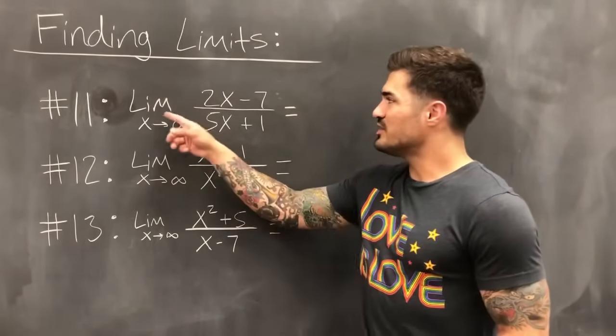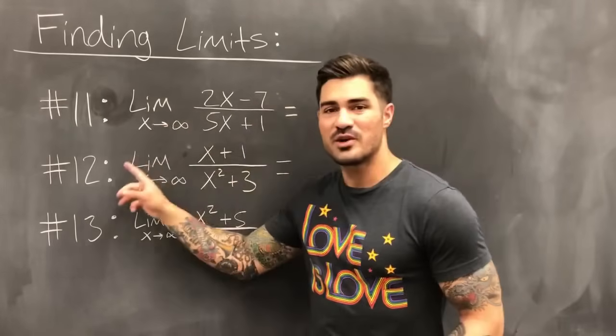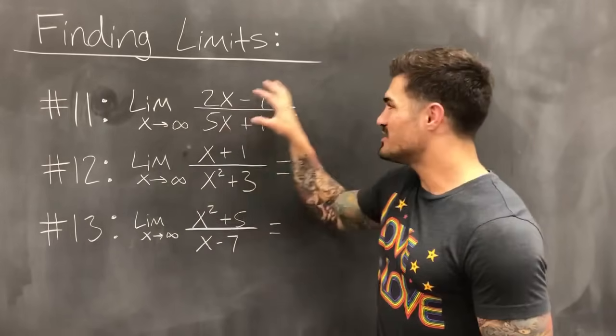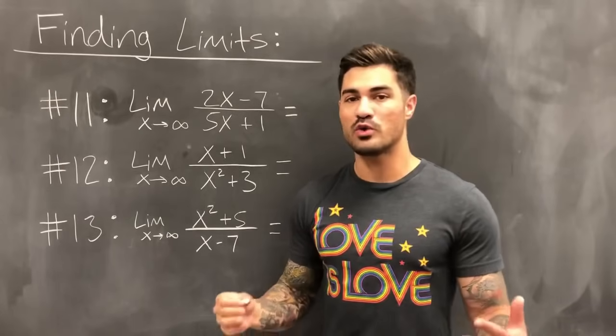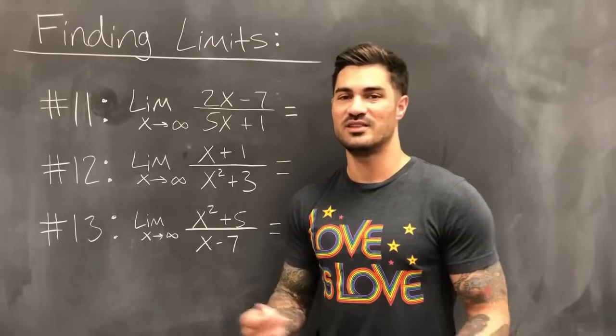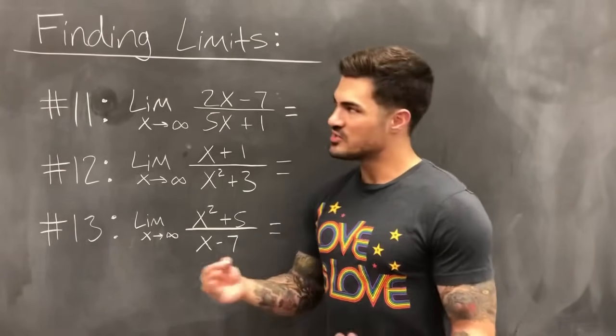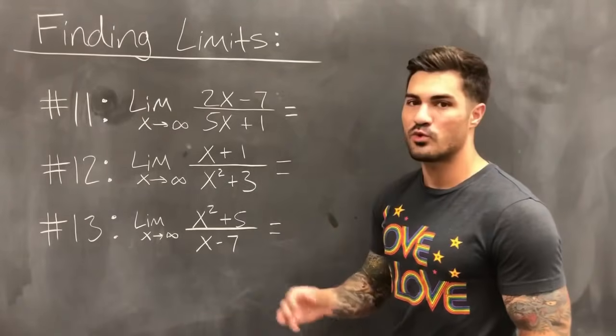So for the limit of this rational function as x approaches infinity to exist, this rational function has to have a horizontal asymptote. And if it doesn't, then the limit doesn't exist, okay? So let's look at this rational function and see if it has a horizontal asymptote.